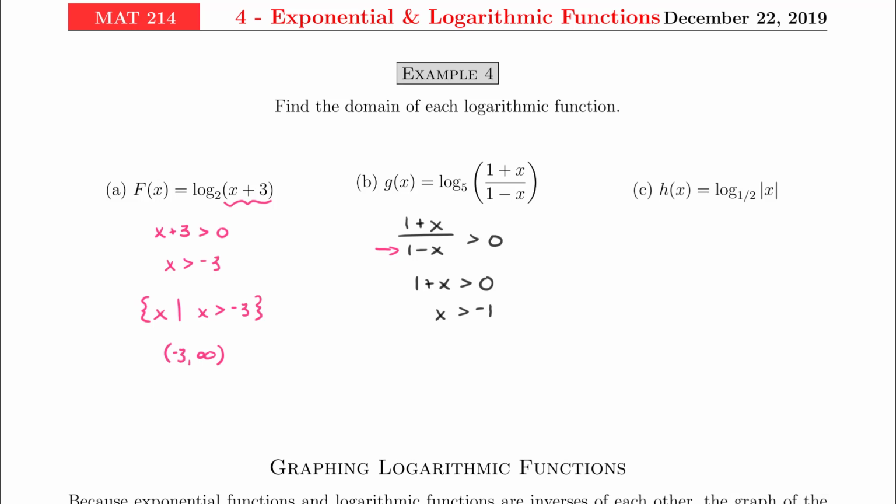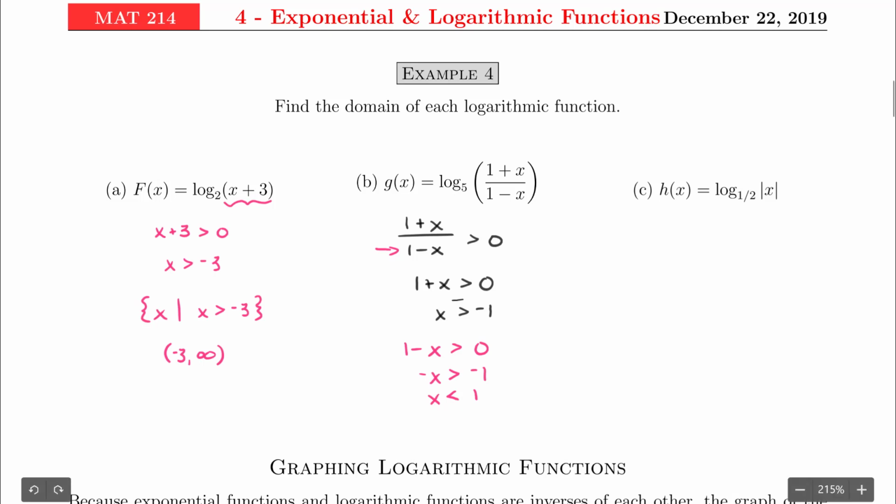So we have to keep in mind that this has to be greater than 0, so it can't be negative. So if we take that denominator and also make it greater than 0, what we will find here is that we get -x is greater than -1. We divide through by -1. We get x, we have to flip the inequality, is less than +1.